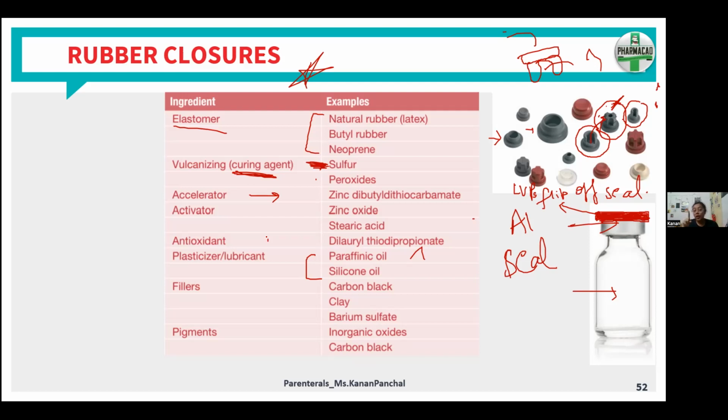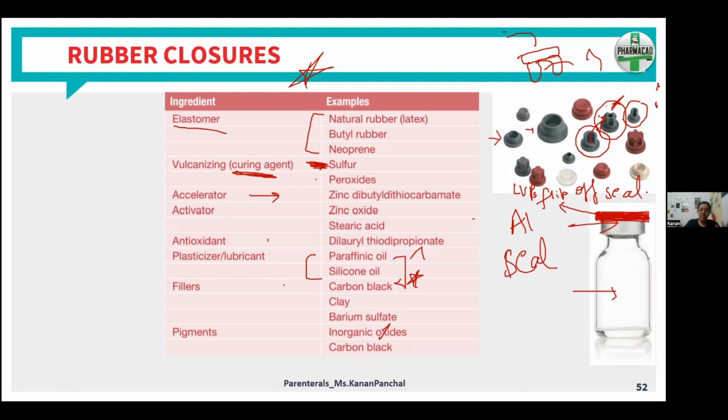That is why if your rubber stopper is not made properly, silicone oil contamination can come into your product. So that is why rubber stoppers are further coated with Teflon. Plasticizer as a contaminant is actually a common thing. Okay, so it's been taken care of.